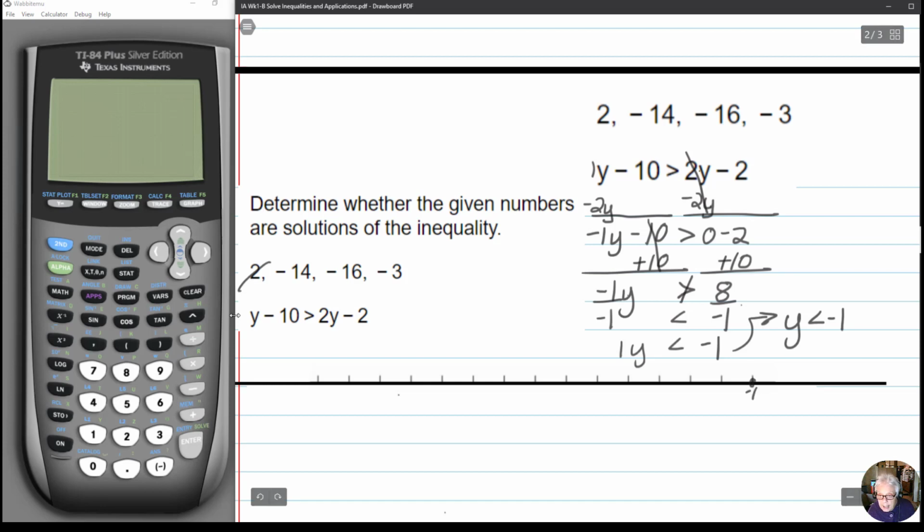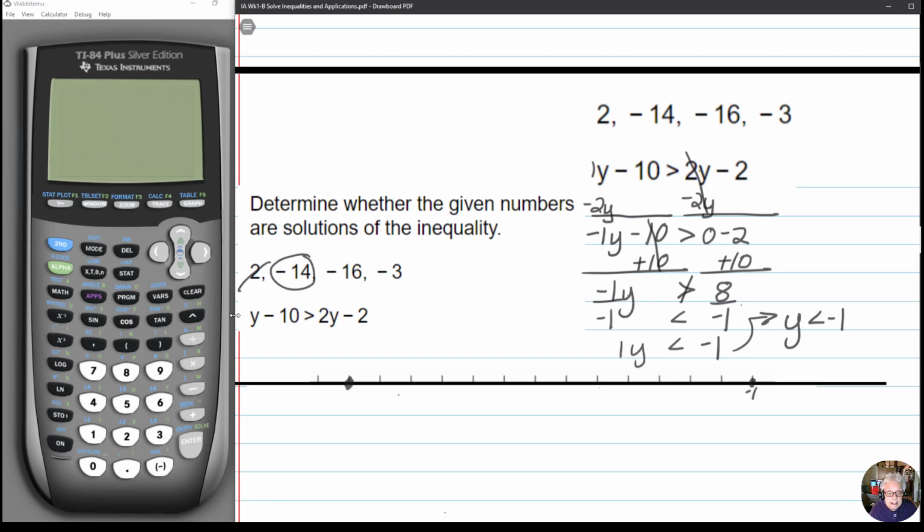Negative 1, negative 2, negative 3, and so on down to negative 14. The sign now is pointing to the left. Negative 14 is to the left of negative 1. So this will work.